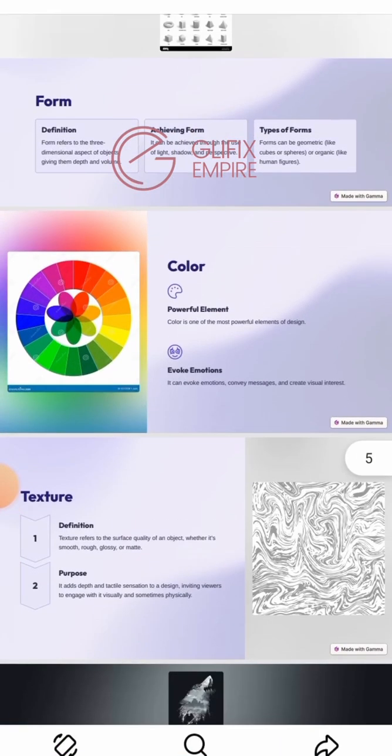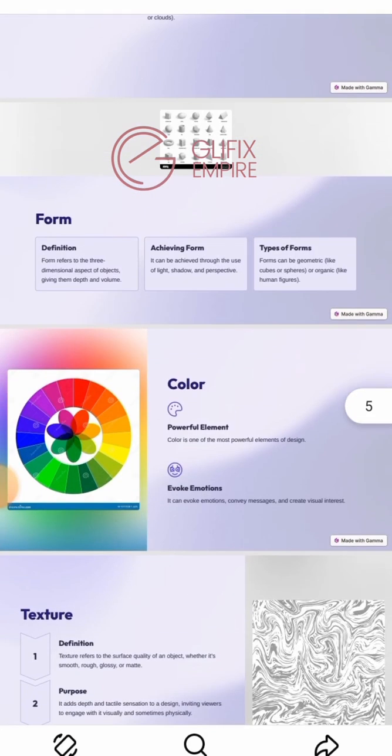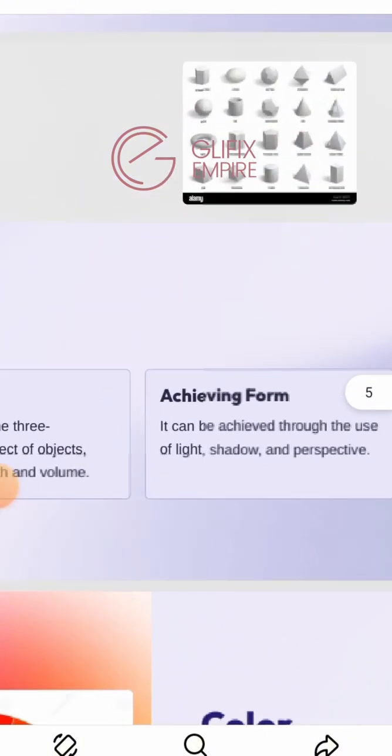Then we have form. Form refers to the 3-dimensional aspect of an object. It gives depth and volume. Form can be achieved through the use of light, shadow, and perspective. Referring to the picture I talked about earlier, you will see that this is no longer shape.